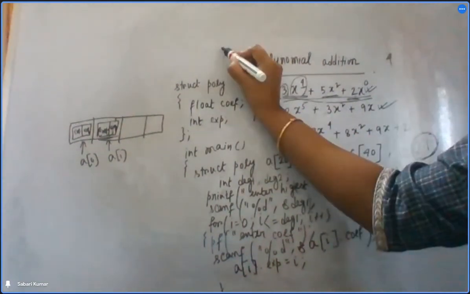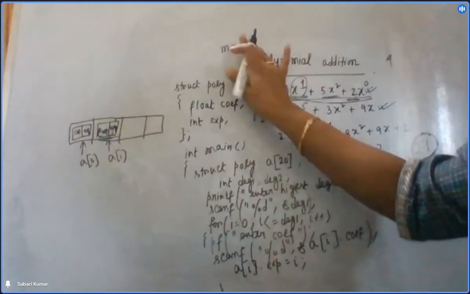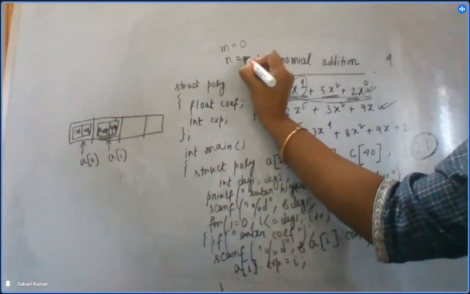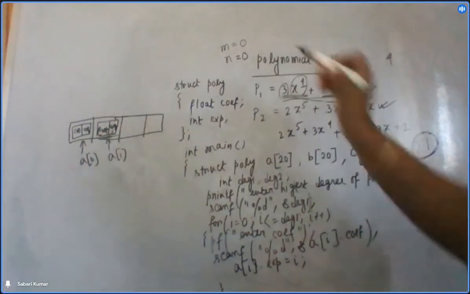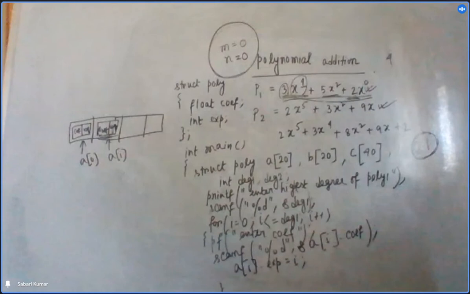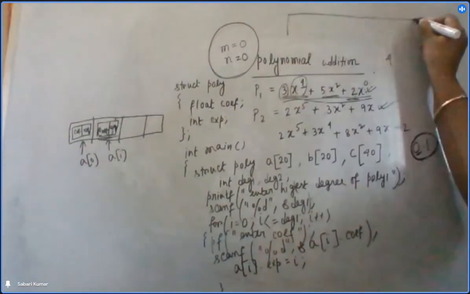কিরকম? Initially m and n, or any other two variables, q, anything you can take. M is equal to 0 and n is equal to 0. These two you have to take initially. Why these variables are required, I will tell you with an example. এটাকে যদি আমি আগে অ্যারে দিয়ে রিপ্রেজেন্টেশনটা দেখাই.